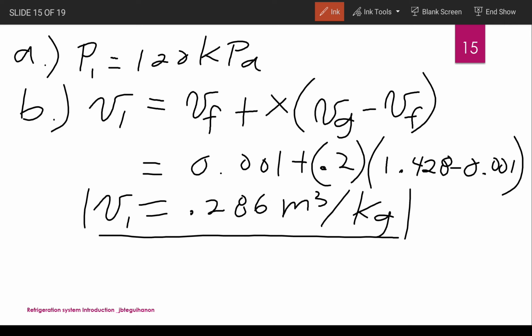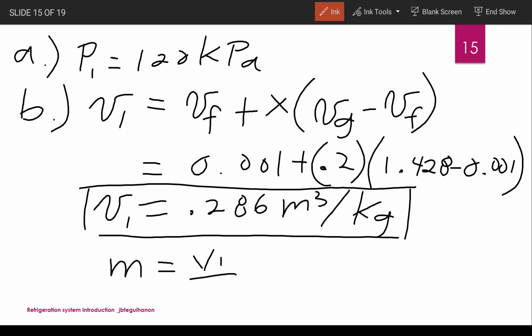So that was the answer in the previous video for the specific volume. Then we've been asked to find the mass. Your mass is equal to volume 1 over specific volume 1.